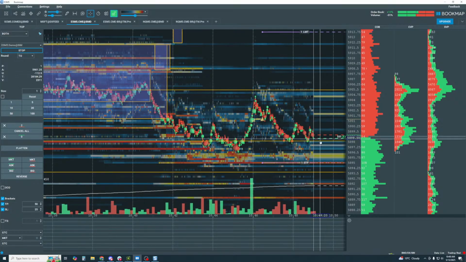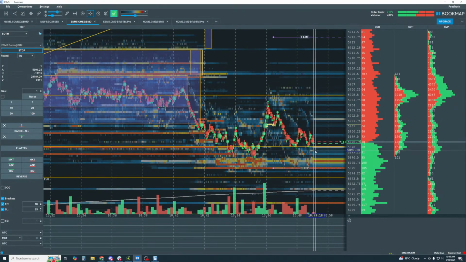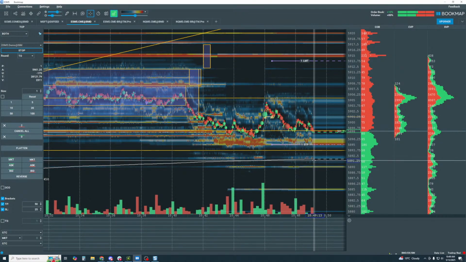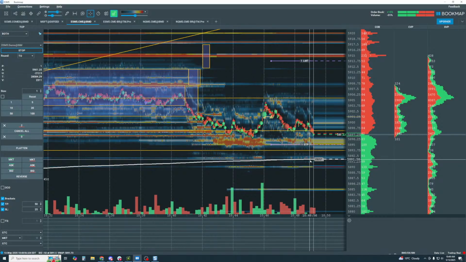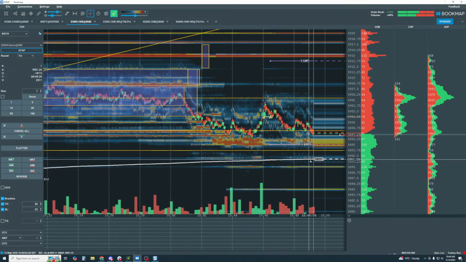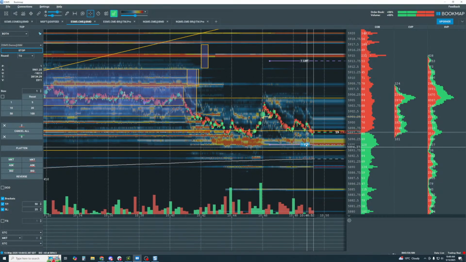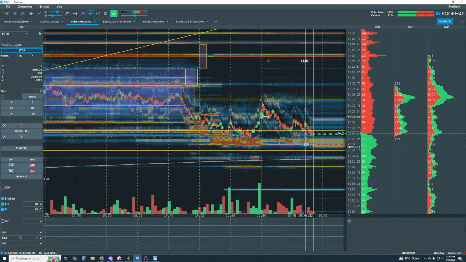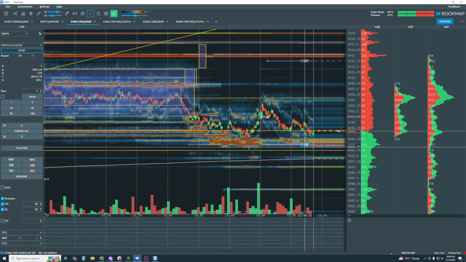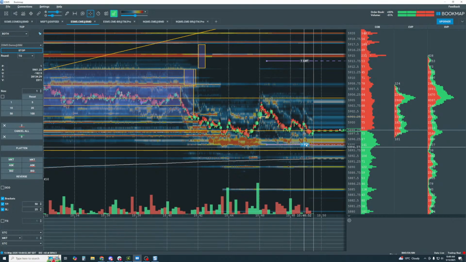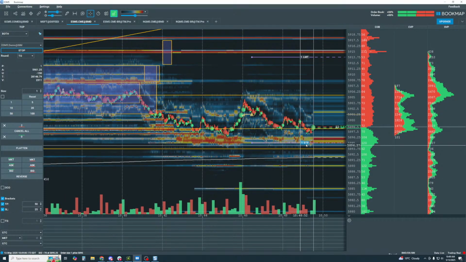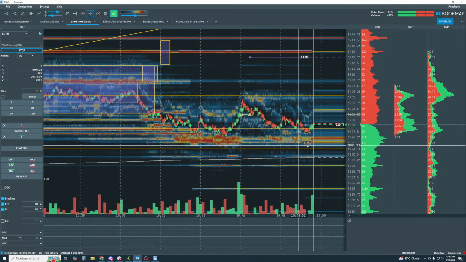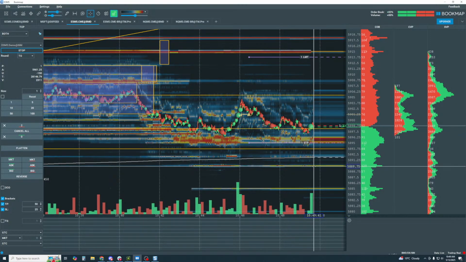Again, just getting into some of the risk management in here. Just at the figure here, 5,900.